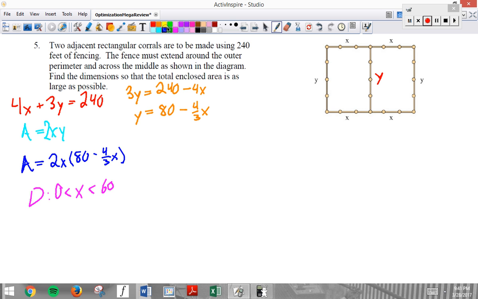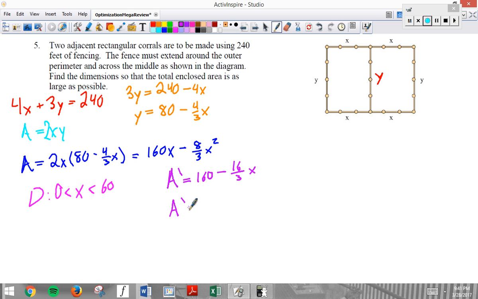Now I'm going to simplify. 160x minus 8 thirds x squared. So A prime would be 160 minus 16 thirds x.